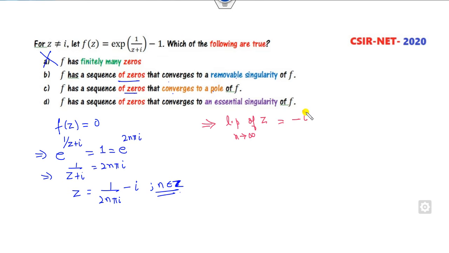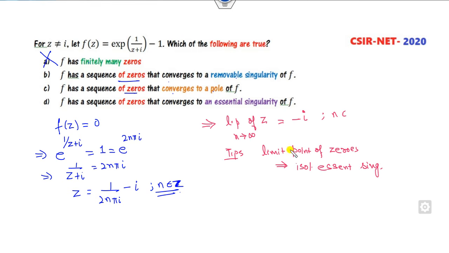So remember, the limit point of the zeros corresponds to the isolated essential singularity.